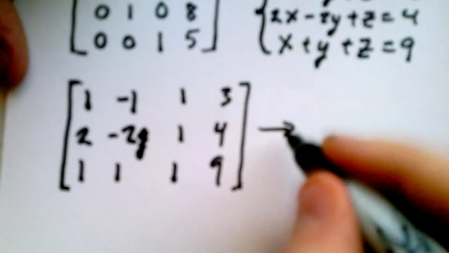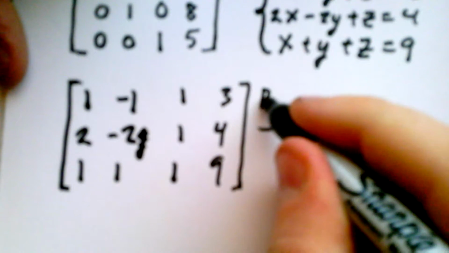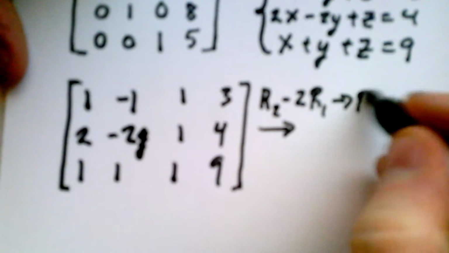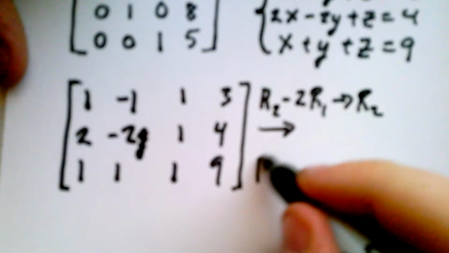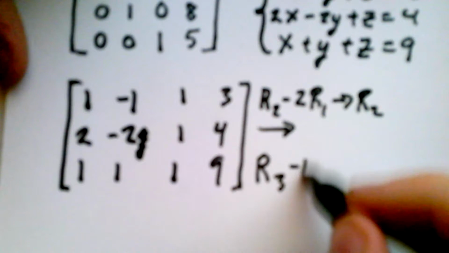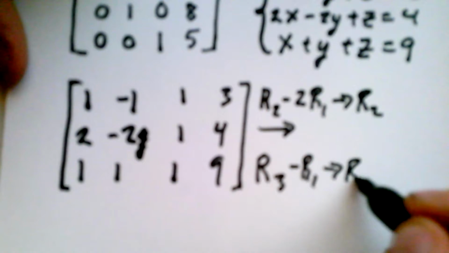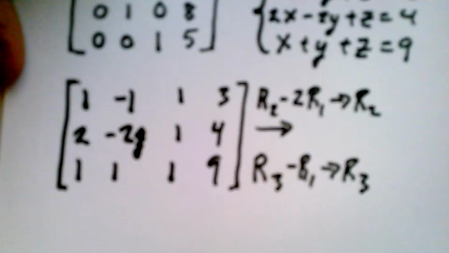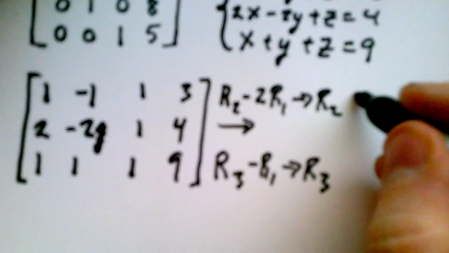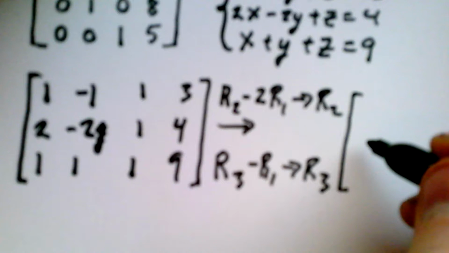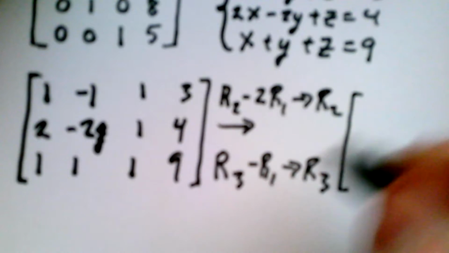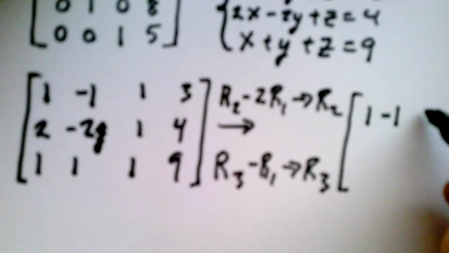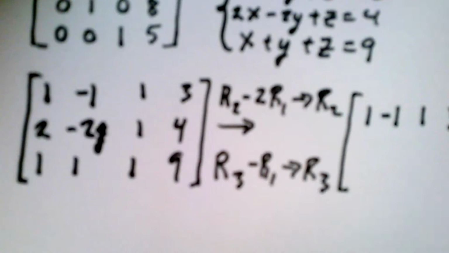So I'm going to have R2 minus 2R1 goes to R2, and R3 minus R1 goes to R3. You don't have to write this, but I like to because it shows what I'm doing so I don't mess up. Anyway, the first row I'm not changing, so I'm just going to copy the row over, like so.